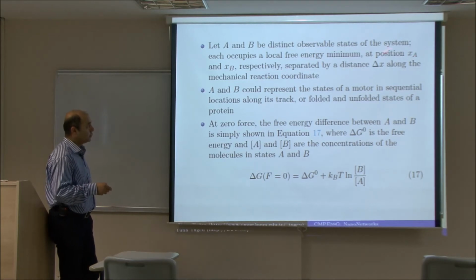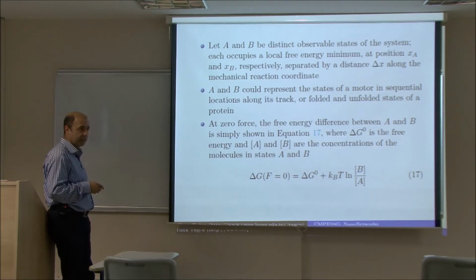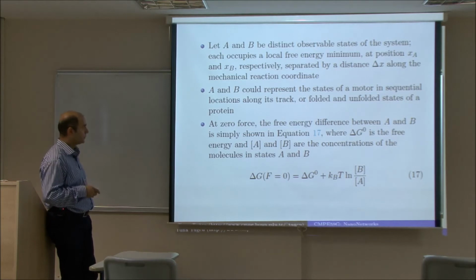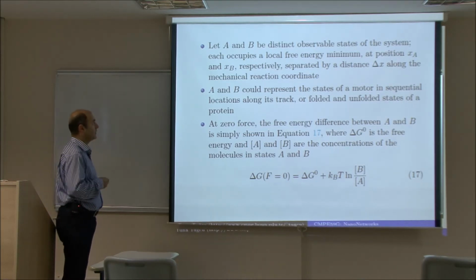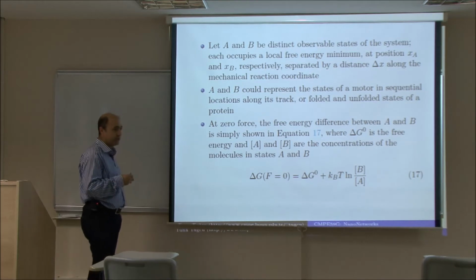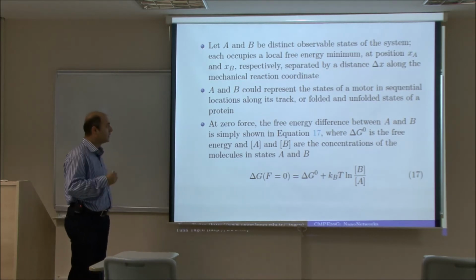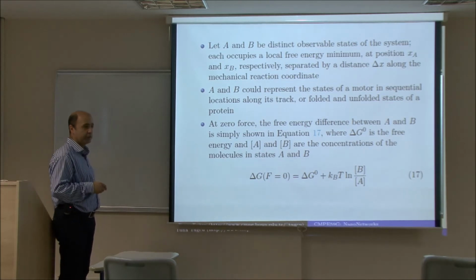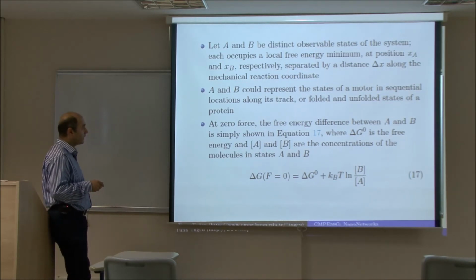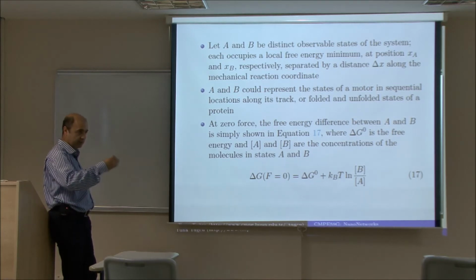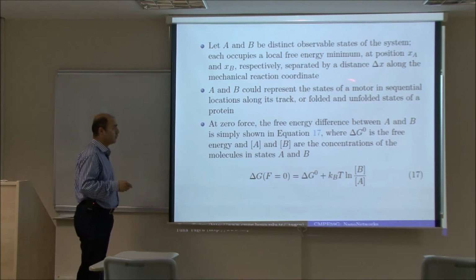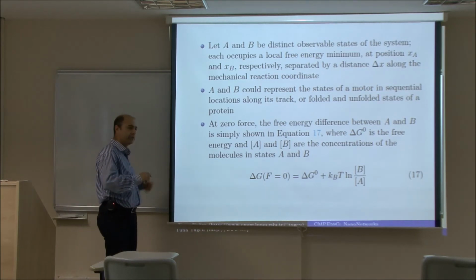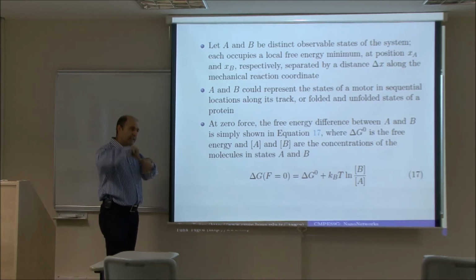So at position XA initially, and finally at position XB, separated by a distance of delta X, and in between with some mechanical movement we're trying to go from A to B. So A and B are representing the states of our motor in sequential locations, the beginning and end of a step over the track, or the folded and unfolded states of the protein. It's initially folded and then released, it becomes unfolded. That's how the movement occurs.